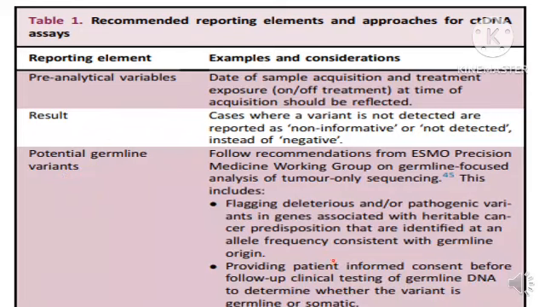You have to inform the patient, you have to take the informed consent, otherwise inform the clinician to send a blood sample as well as tumor sample to determine whether the mutation is somatic or germline.